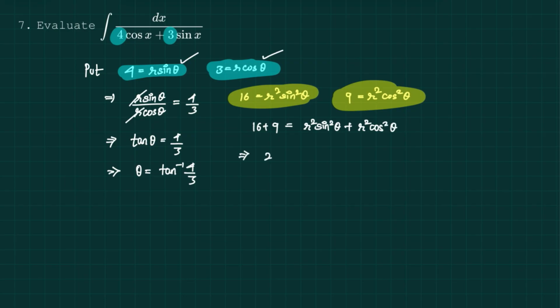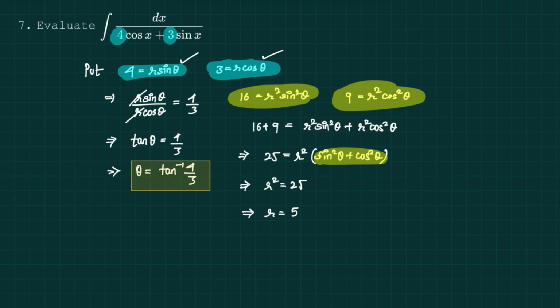So this implies 25 equals r square is common, then we will have sin square theta plus cos square theta, which will be equal to 1. Hence the value of r square from here we got is 25, from which we will get the value of r as 5. So we will take the positive 5 only. So we will be requiring the value of theta and r.